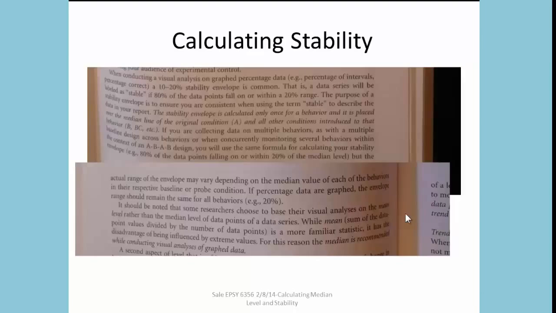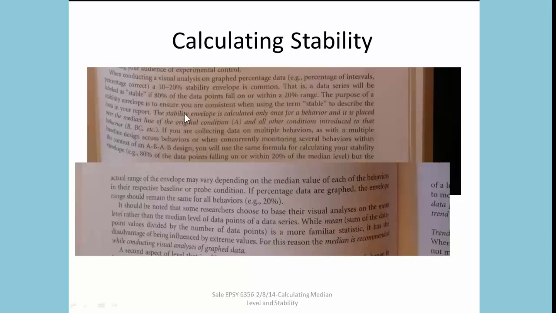Next, we have to calculate the stability, and you'll find that in Gass also. Usually folks use a 10 to 20% stability envelope. For our purposes, we're going to use throughout this course a 20% range, or 20% stability envelope.